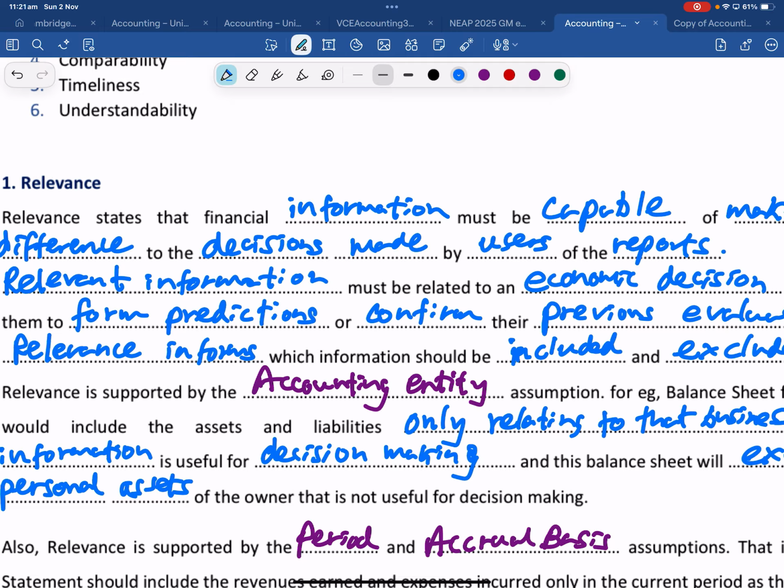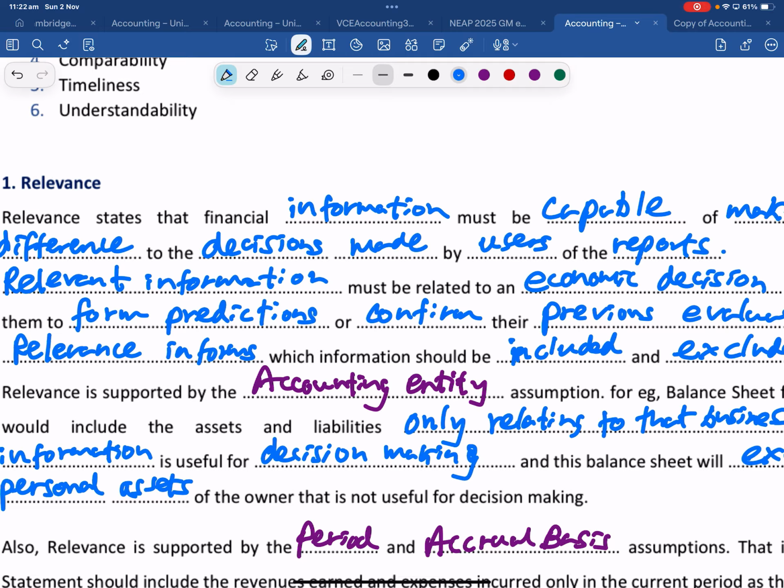Okay, guys. Then, as we said, relevance informs which information should be included in the reports. Remember, relevance is supporting the accounting entity assumption. When we were doing accounting entity assumption, we said it is supporting the relevance. Why is that, guys?